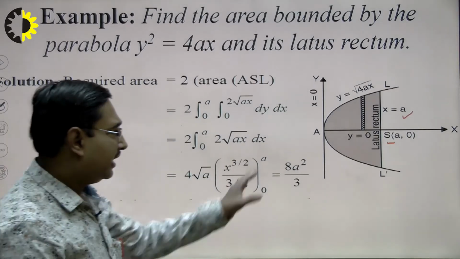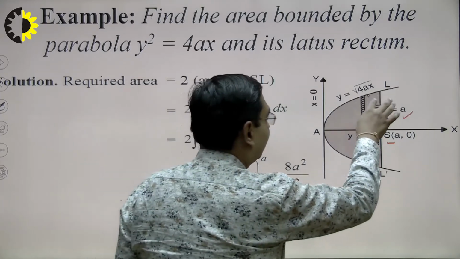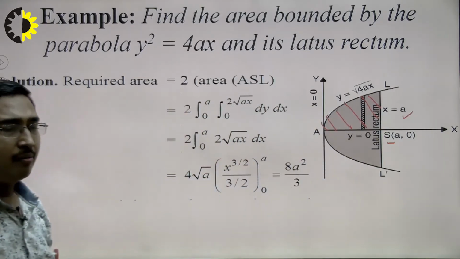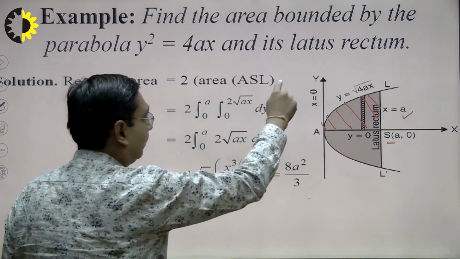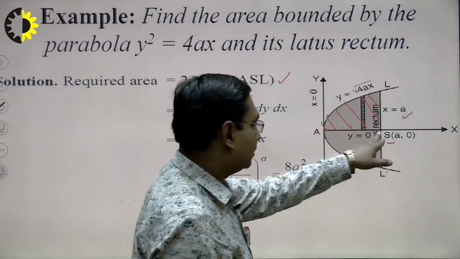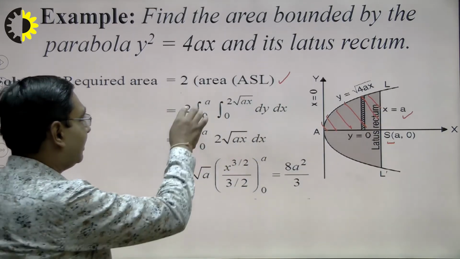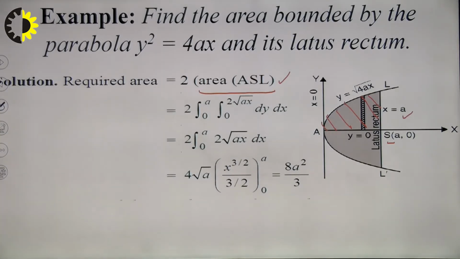Therefore, to find the area of the entire region, we shall just calculate the area lying above the x axis and multiply the resulting value by 2, and therefore, we have written the required area is equal to 2 times the area of this region ASL.